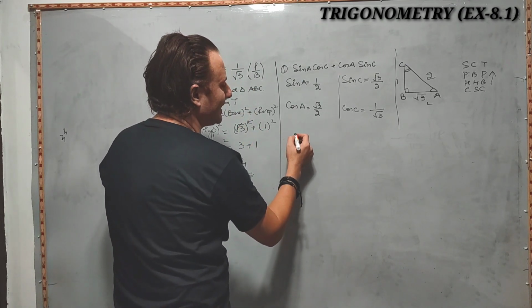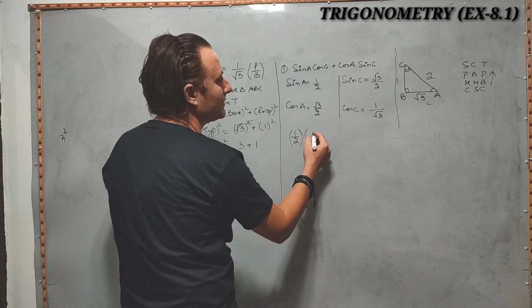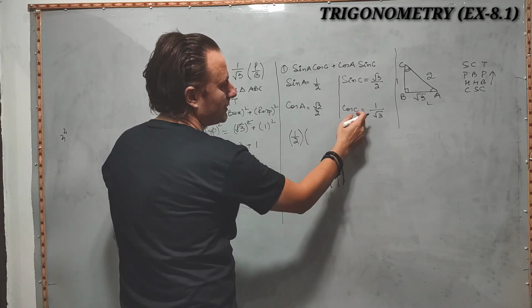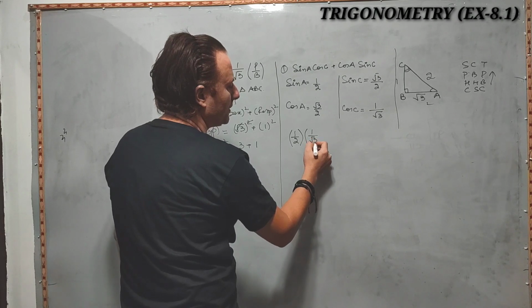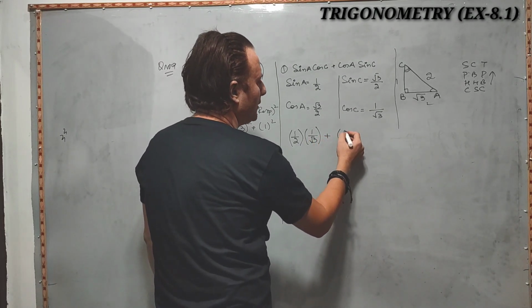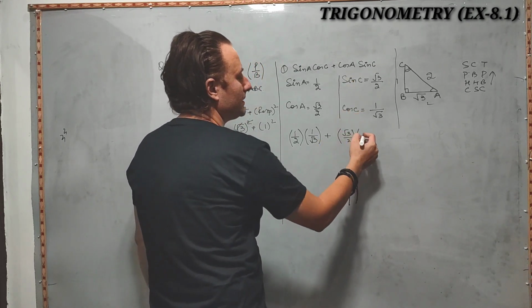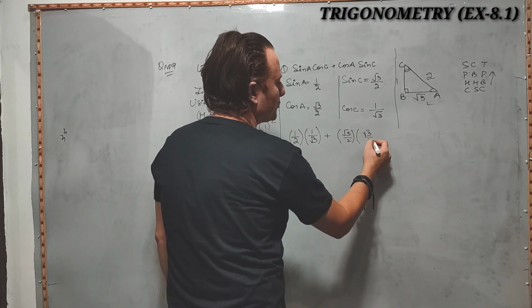So we have sine A, that is 1 upon 2, then we have cos C, that is 1 upon under root 3, then plus cos A. Cos A is under root 3 upon 2, and then we have sine C, that is under root 3 upon 2.